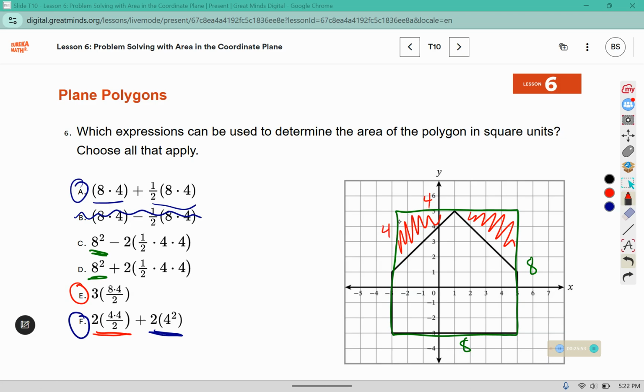These are 4 by 4 triangles. So 4 times 4 cut in half, or divided by 2. I see that here, and there are 2 of them. But removing would be the subtraction, so we want C, not D. So A, C, E, and F can all be used to find the area of this shape.